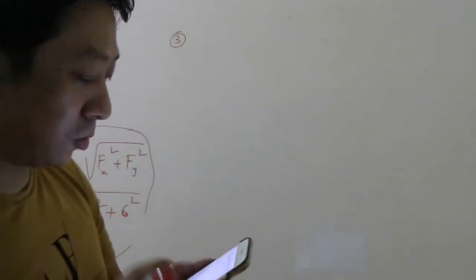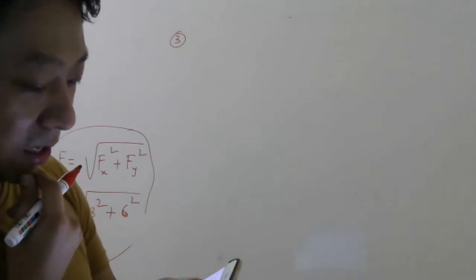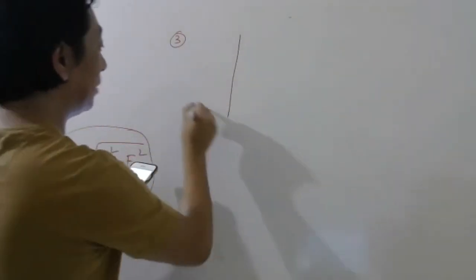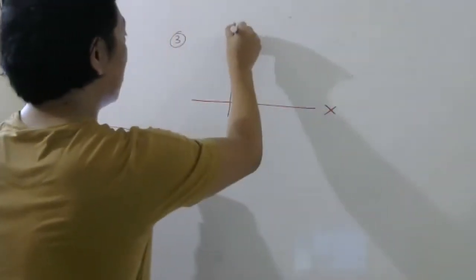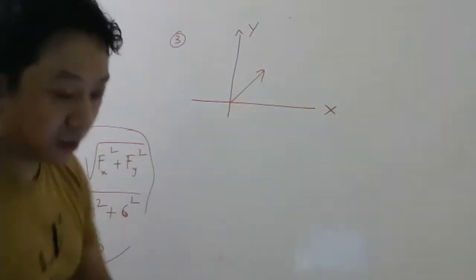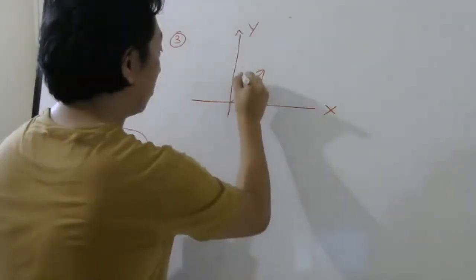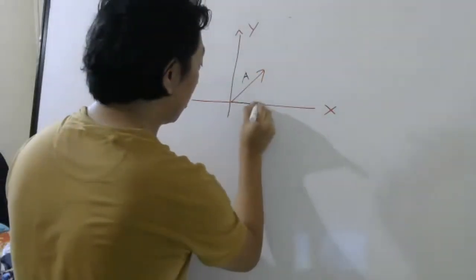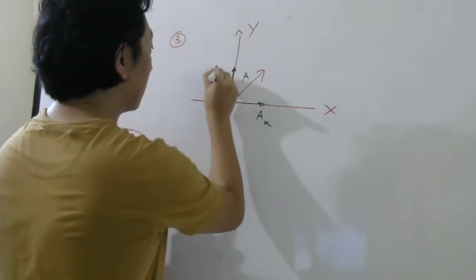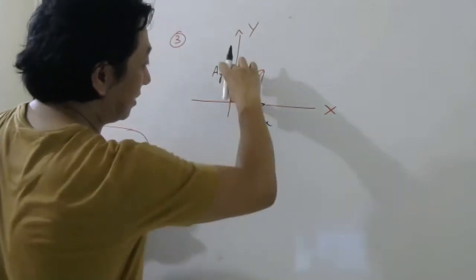The magnitude of the rectangular components of a vector in the xy plane is equal. Magnitude is equal. This is x, this is y. You have a vector somewhere, I don't know where, but they are saying magnitudes are equal. So if I call this vector A, it will have two components, Ax, Ay. They are saying magnitudes are same. Matlab this length is same as this length.